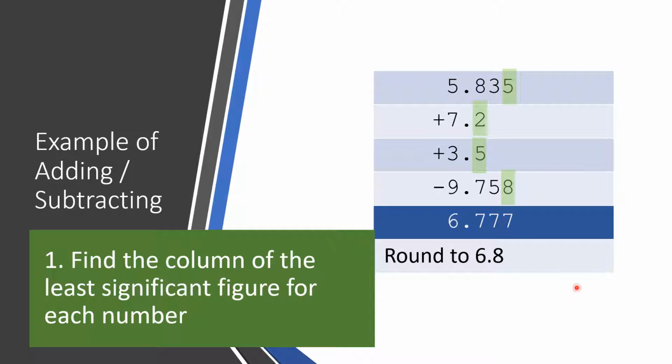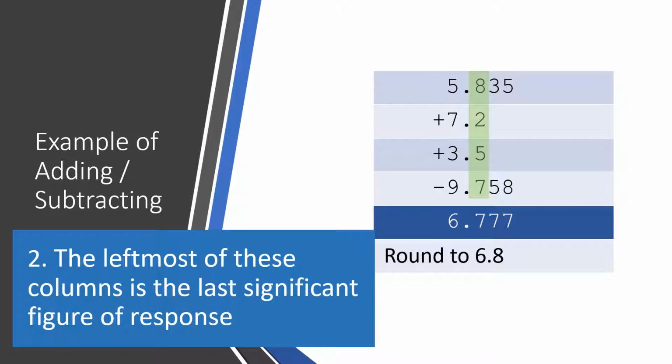All right, let's go to step 2, which is that we use the leftmost of those selected columns, which becomes the last significant figure of the response. Let's see if we can figure out what that means. Previously we had selected the lowest column for each number: the 1/1000 for this number, 1/10 for this number, 1/10 here, and 1/1000.